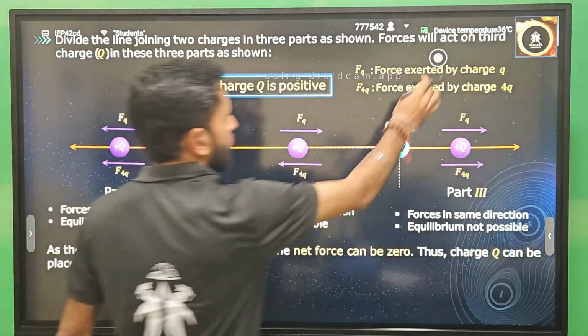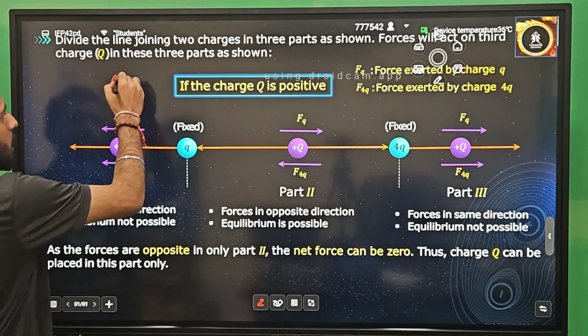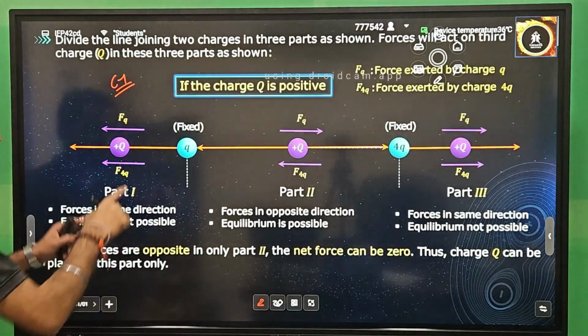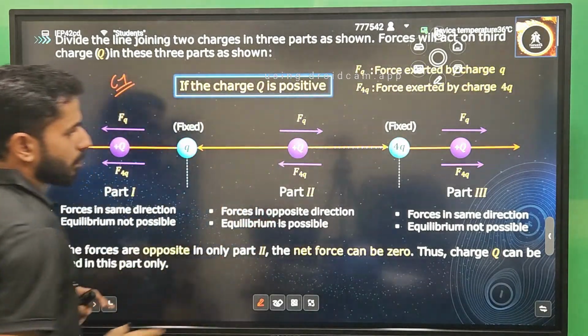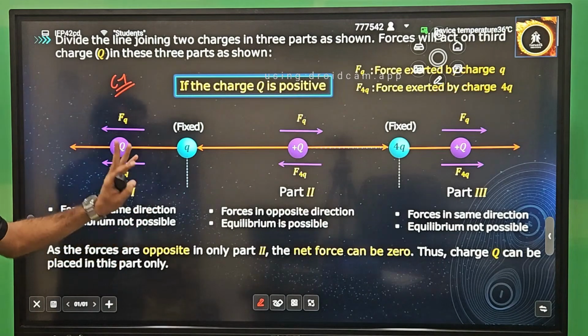Let's suppose this is the first condition. Now see, case 1 is possible if charge q is positive. This one is positive, this one is positive, and you have kept this charge. Wait.